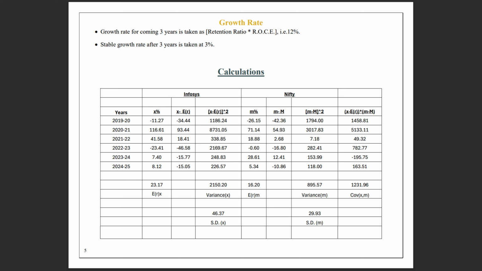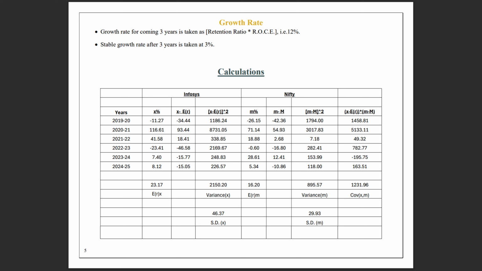The market return is the average return of Nifty or whichever index that you have chosen for valuation. In our case, Nifty 50. The return for last 6 years for Nifty has been averaged at 16.2%.